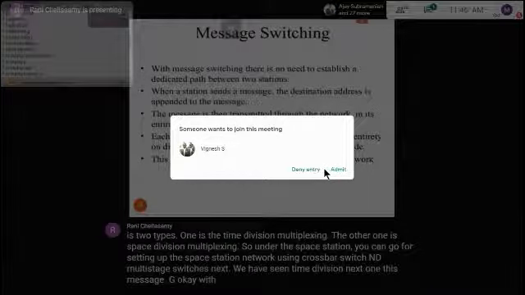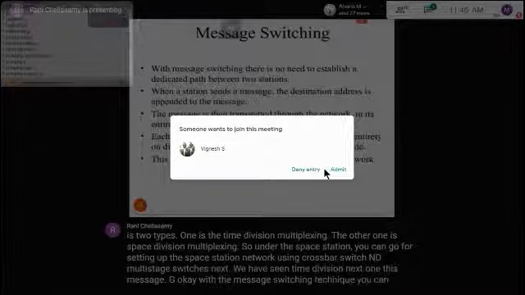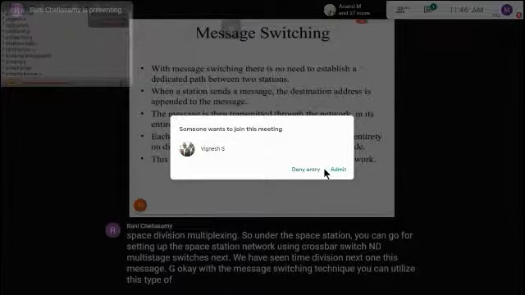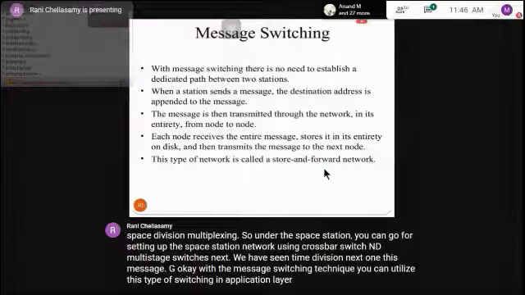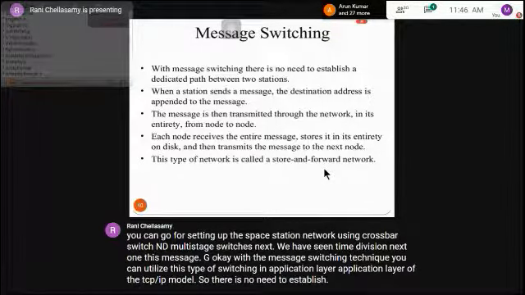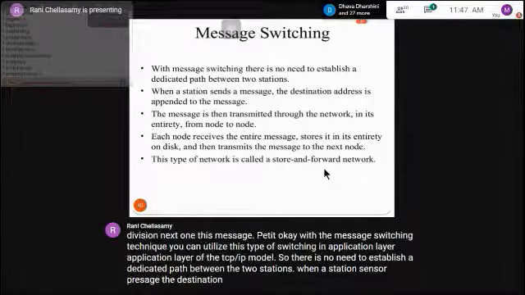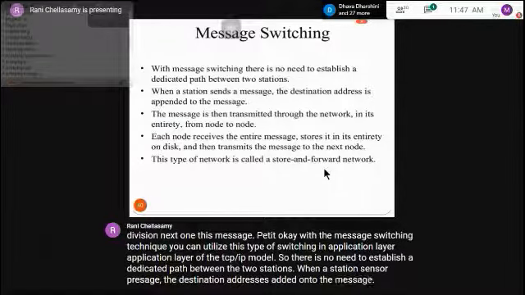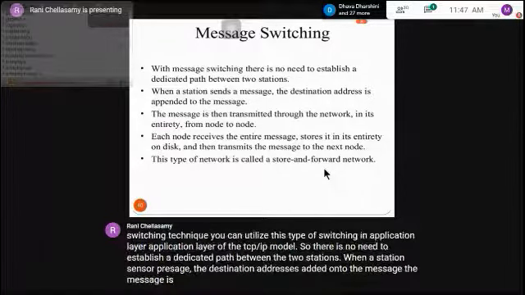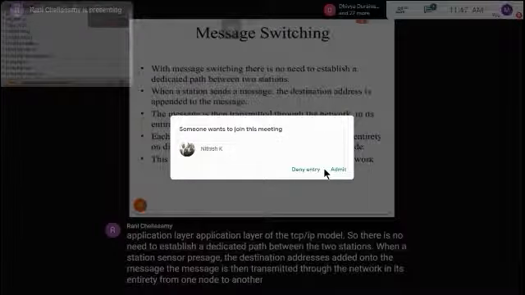With the message switching technique, you can utilize this type of switching in the application layer of the TCP/IP model. There is no need to establish a dedicated path between the 2 stations. When a station sends a message, the destination address is added onto the message. The message is then transmitted through the network in its entirety from one node to another node.